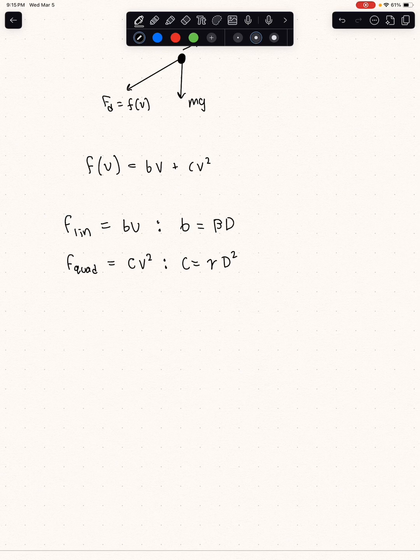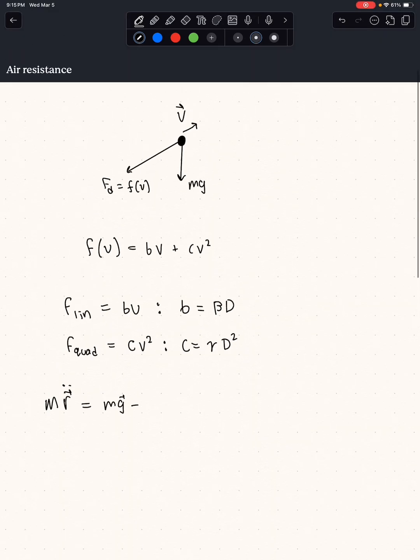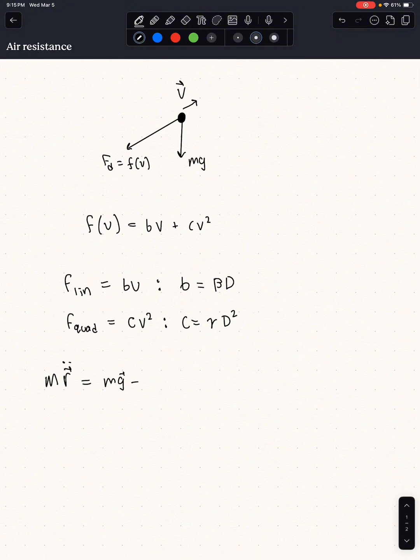We can make an equation from Newton's second law, m r vector double dot, that is going to be equal to the sum of the forces, so mg going down, and then minus bv. Oh, and for this video, we're only going to be looking at the linear air resistance term.